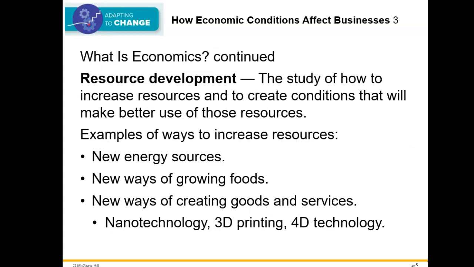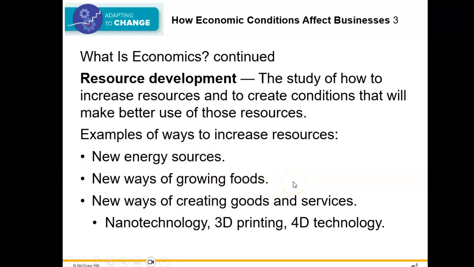Resource development is critical. It is the study of how to increase resources and to create conditions that will make better use of those resources. For example, in the United States, we're constantly looking at ways to create new energy sources, whether it's solar energy or other sources, new ways of growing foods.